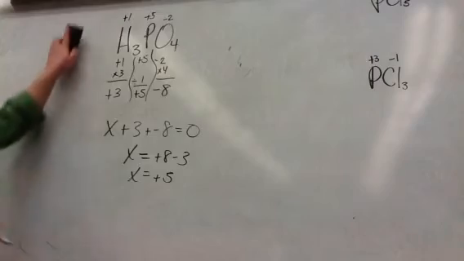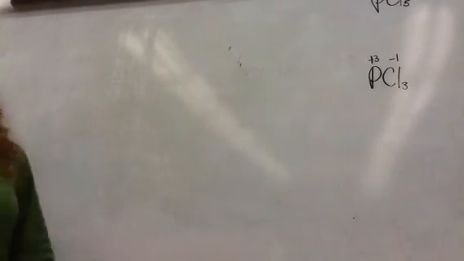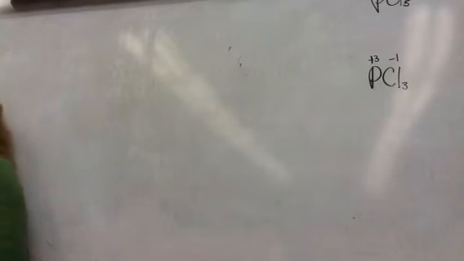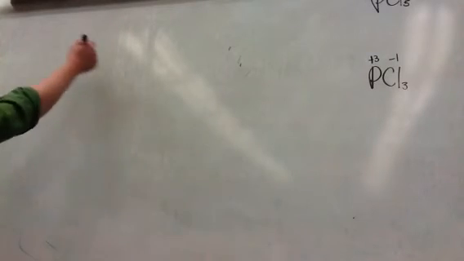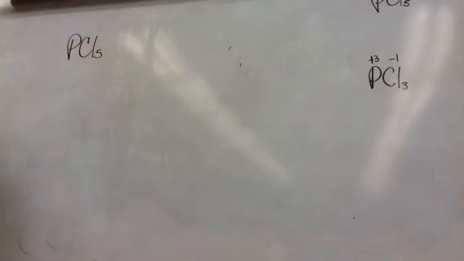So now let's explore the one use we have for this. Remember how I told you that there were multiple naming systems for molecular compounds? And you have learned the prefix system. So in the prefix system, let's pull our PCl5 over here. What is this called?